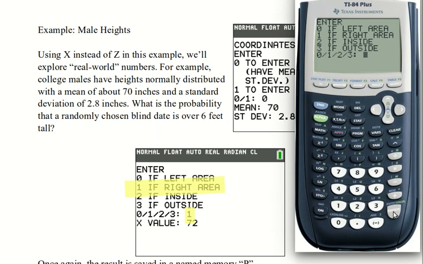So greater than 6 feet is to the right of. So a 1 takes us to the right. To the right of what? To the right of 72 inches. That's 12 times 6. We'll press enter, and out pops the probability, 23.75%.